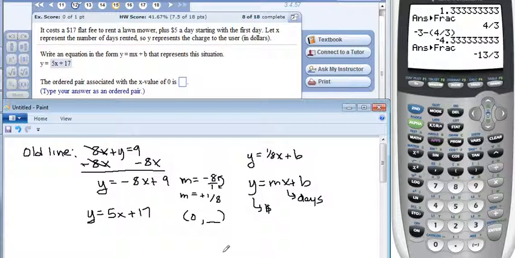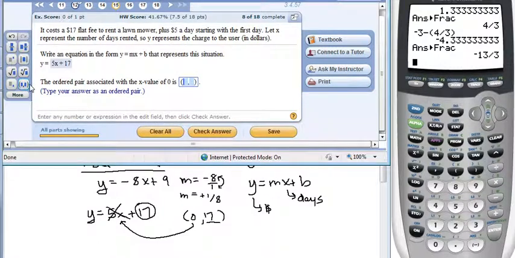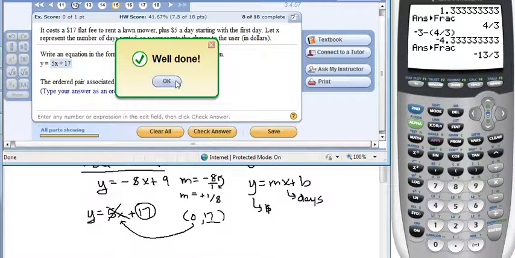The corresponding y value when x is 0 is the y-intercept, isn't it? And isn't the y-intercept right here? Or another way to look at it is if I put a 0 in right here, this wipes out. So y is equal to 17. Either way, we've got 0, 17 for our point.